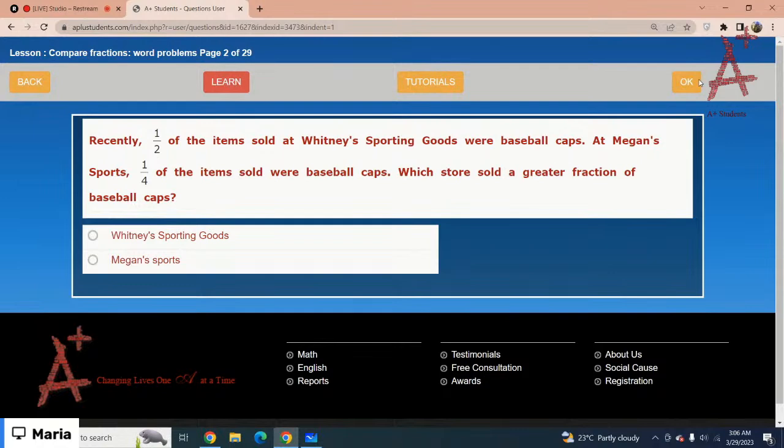So who sold the greater fraction of baseball caps? Yes, Whitney's Sporting Goods. Option number 1 is the correct option. Whitney's Sporting Goods sold 50% of the items. Got it? So they have the greater fraction.